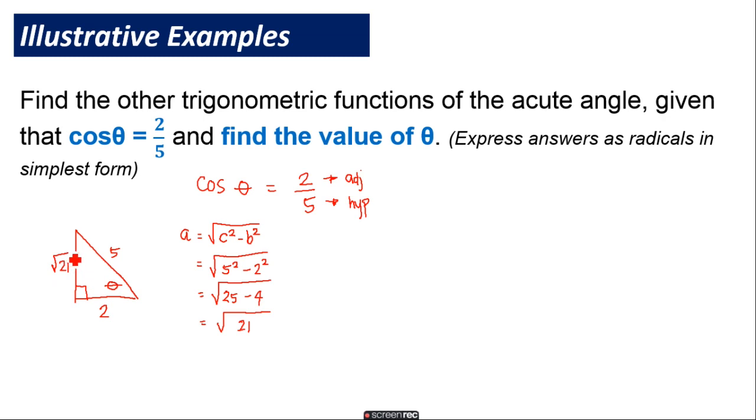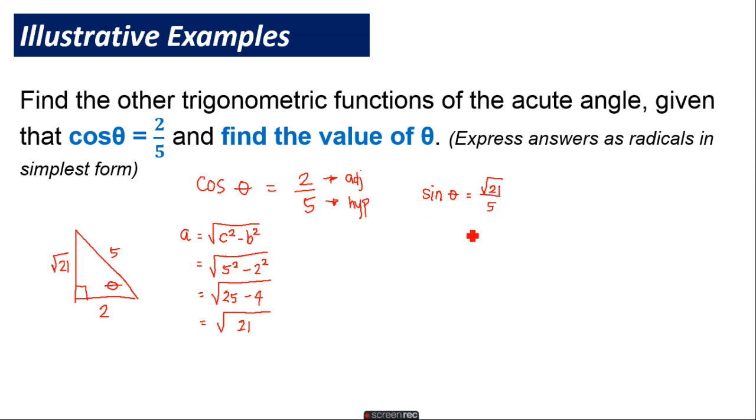So we are now complete with all the measurements of the sides, and we're now ready to get the trigonometric functions. We will begin with sine theta. That will be equal to the square root of 21 over 5.